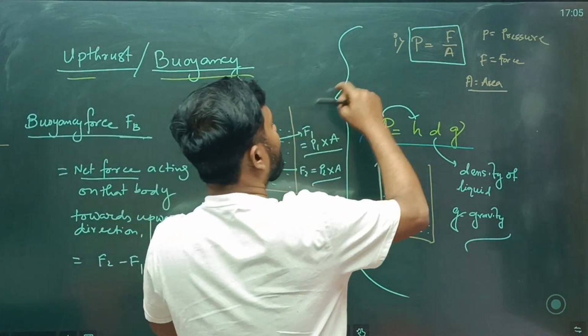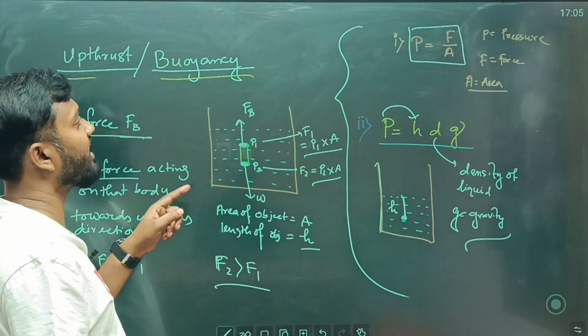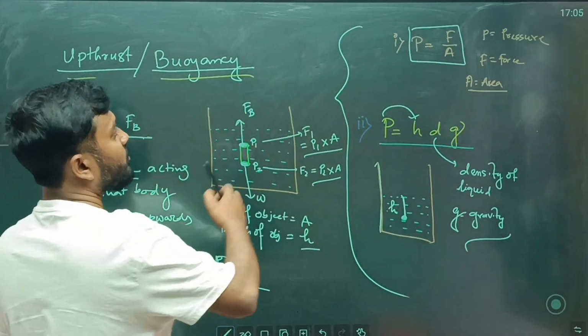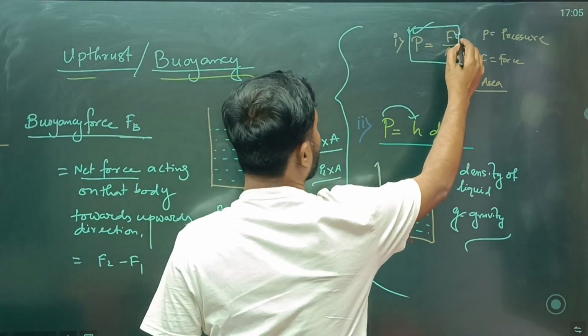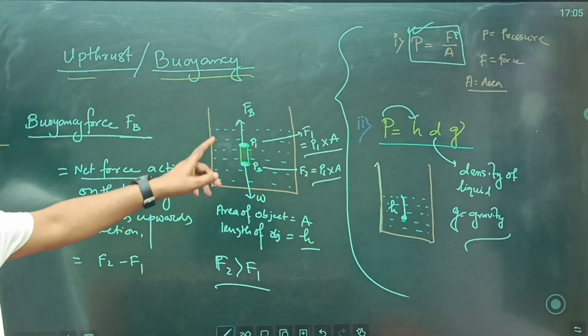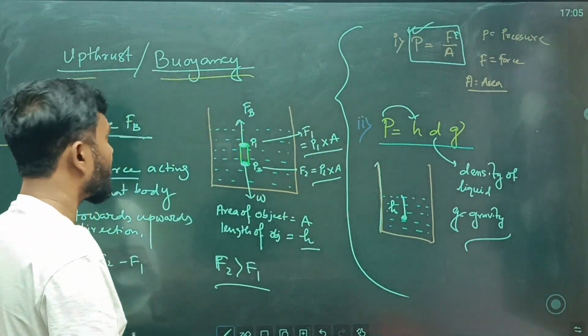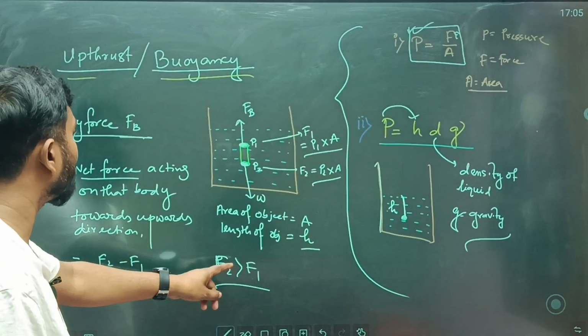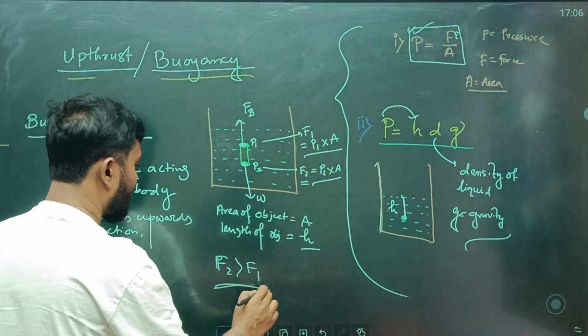Force is proportional to pressure when the area is constant, so when pressure is higher, force is also higher. Now we can conclude that F2 is greater than F1.